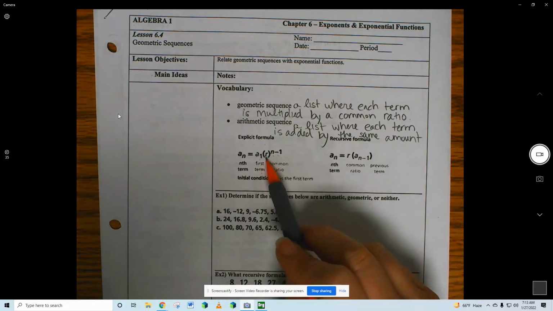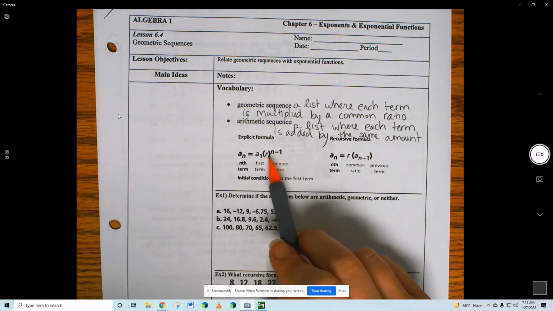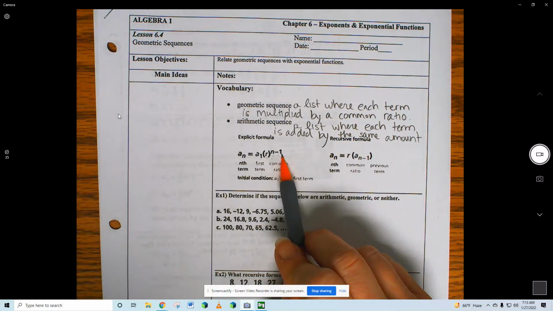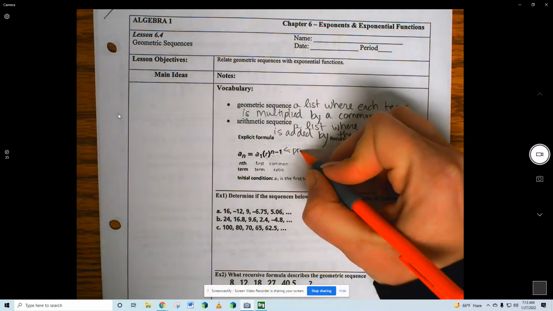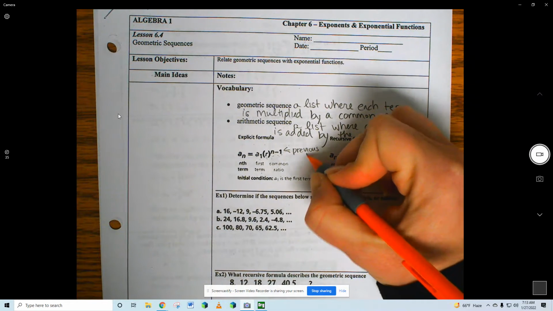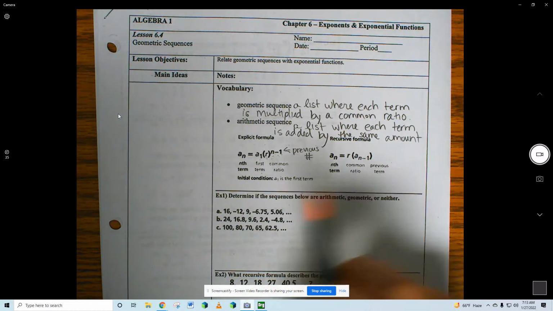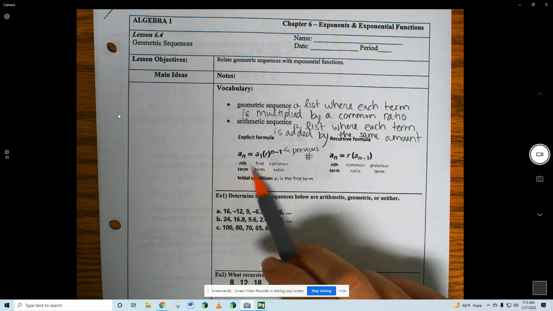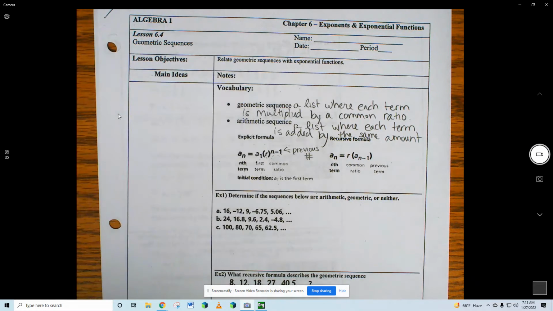I am multiplying the common ratio by the last number in the list, the number before it. That's why it's raised to the power of n minus 1. So a is the first term, n is whatever number we're talking about, the nth term. Maybe I want to know the 17th number.